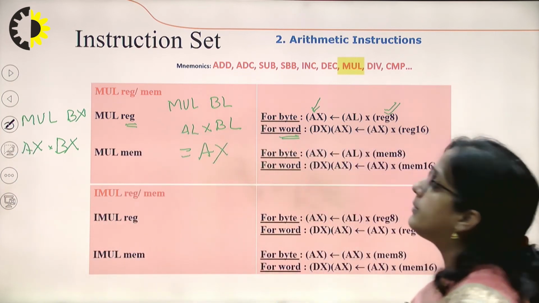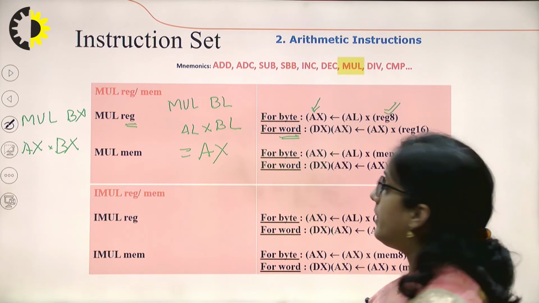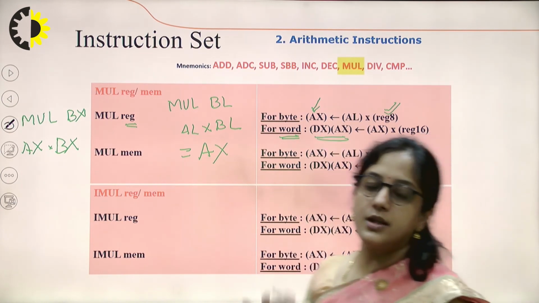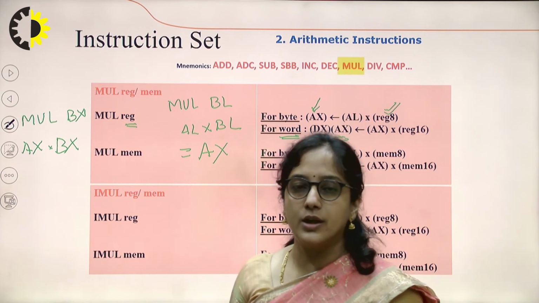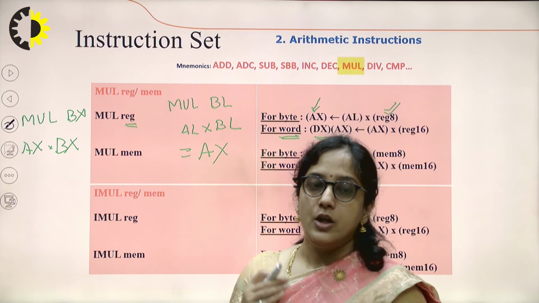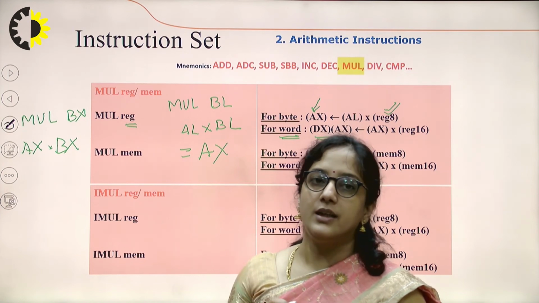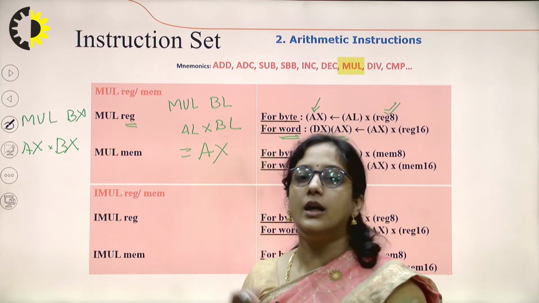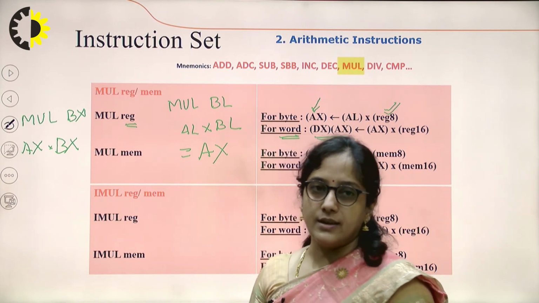Now the result may be greater than 16 bits. In that case, of the two registers DX and AX, DX will be used to store the higher order data, and AX will be used to store the lower order data. So after multiplication, the content of AX gets modified, and the flag register also gets modified.